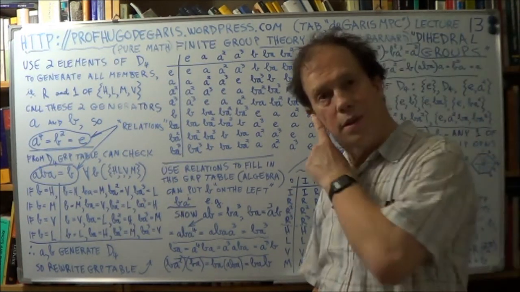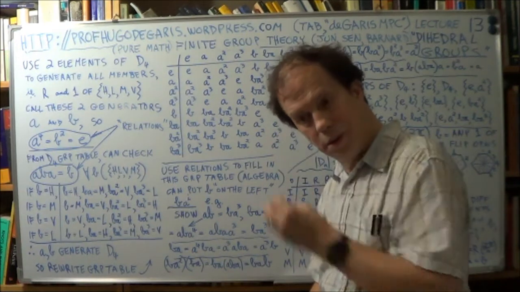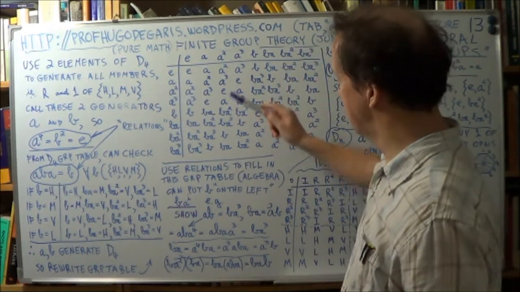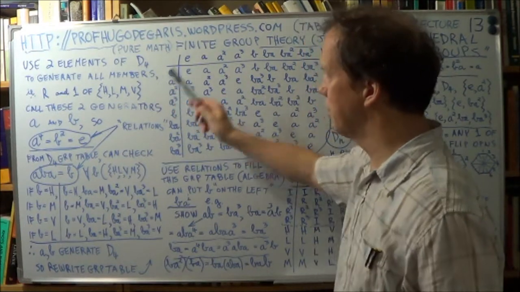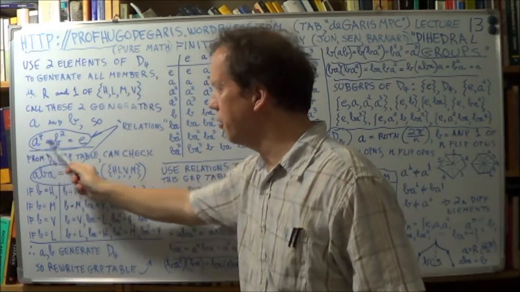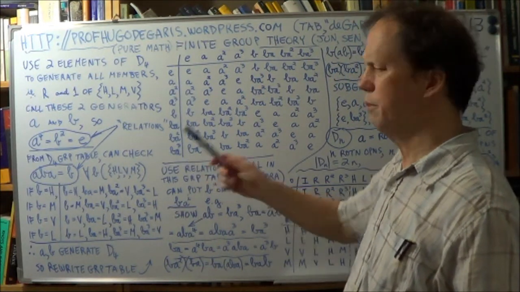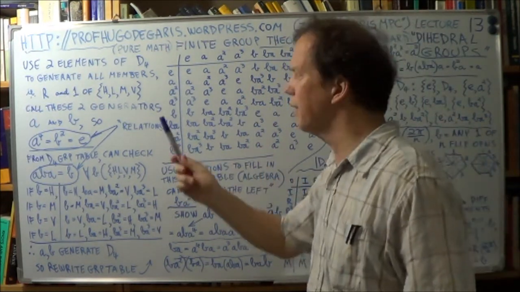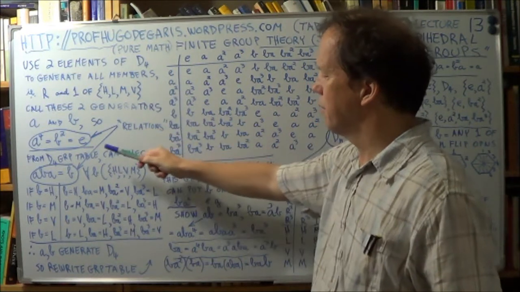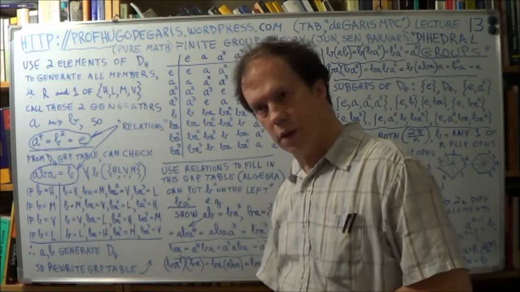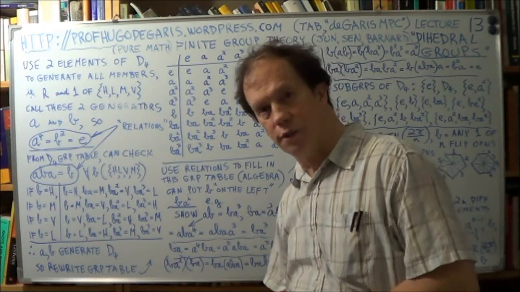Now, towards the end of the previous session, I said I would not only explain how to express D4 in terms of two generators, A and B, but also talk a little bit about relations and the presentation of a group.